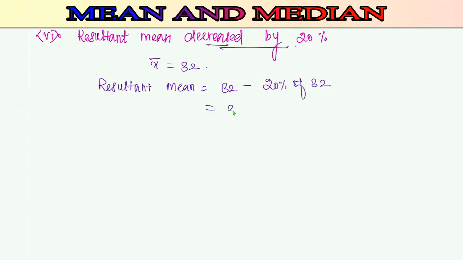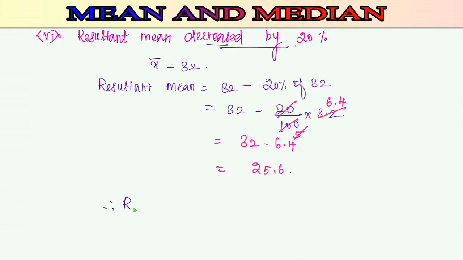So it is nothing but 32 minus 20 divided by 100 into 32. 1 twenty is 20, 5 twenties are 100, 1 five is 5, 6 fives are 30, 4 fives are 20. So you will get 32 minus 6.4, which is 25.6.